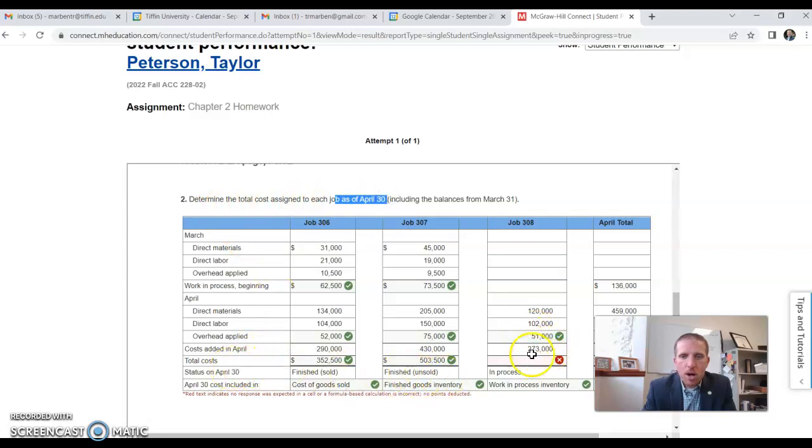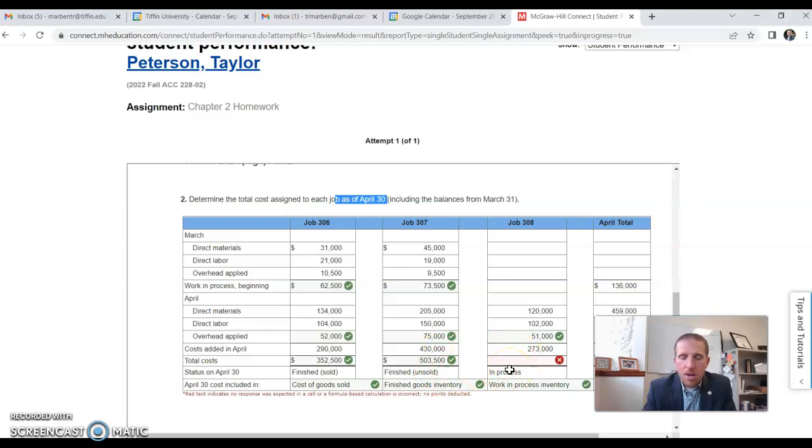So the total cost for job 308, we didn't have any in March or January or anything, and that's all good and fine. But now the cost added in April is the same as our.